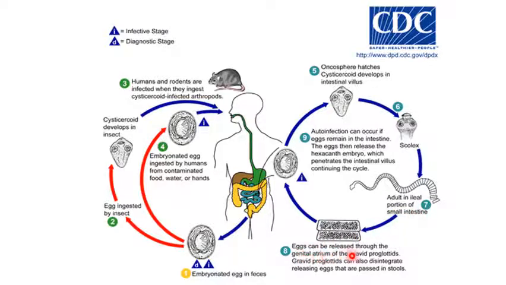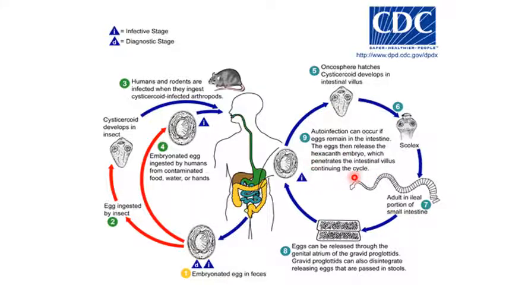Eggs can be released through the genital atrium of the gravid proglottid. The gravid proglottid can also disintegrate, releasing eggs that are passed in stools, as here. Also, autoinfection can occur if eggs remain in the intestine. The eggs then release the hexacanth embryo, which penetrates the intestinal villus, continuing the life cycle.